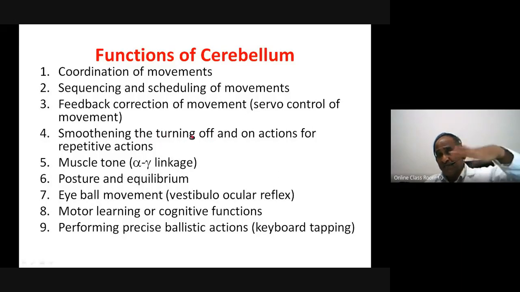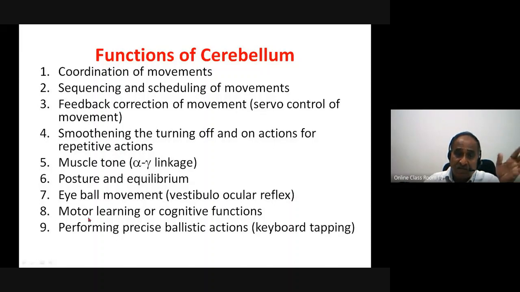Smoothing the repetitive movements: if I am doing like this, it is very smooth, and sometimes it is not smooth. And linking the muscle tone, that is the alpha-gamma linkage, by the anterior part of the cerebellum. The posture and equilibrium are regulated, especially by the flocculonodular lobe. Eyeball movement, the vestibulo-ocular reflex, and this produces nystagmus.